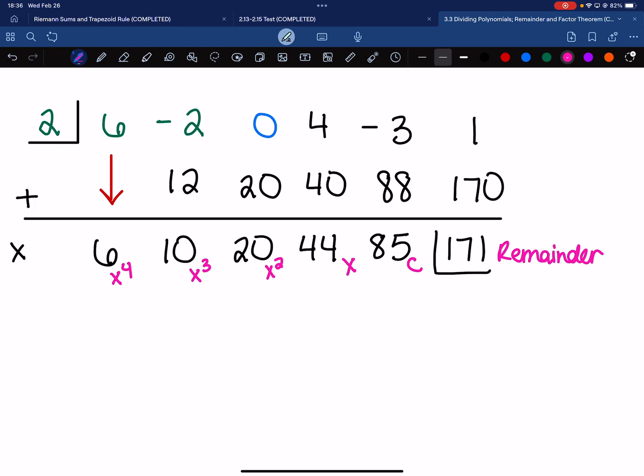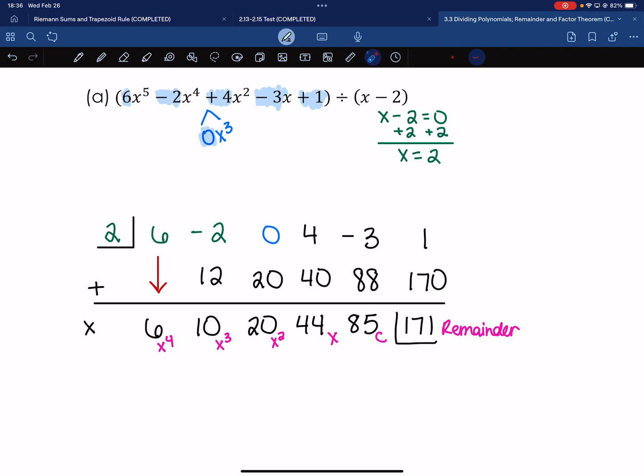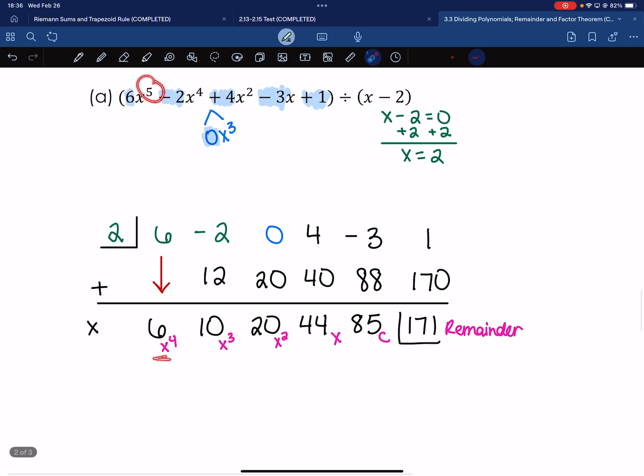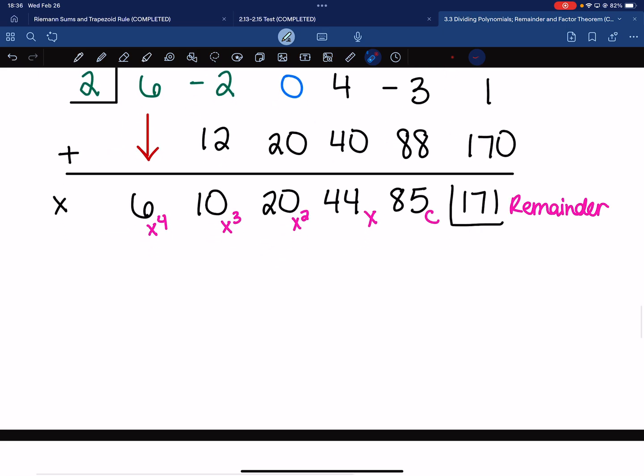Your final answer should be 1 degree less than what you started with. We started with an x to the 5th. My answer is going to be an x to the 4th, so it's 1 degree less. So what we found are the coefficients.